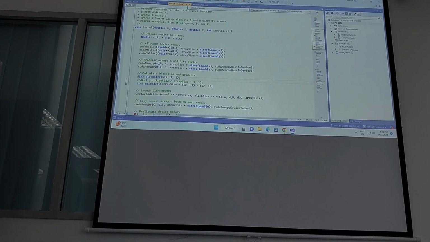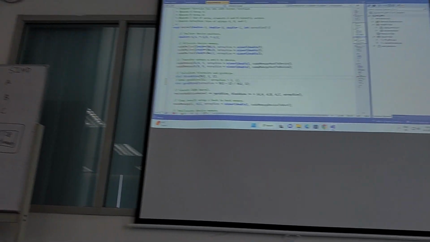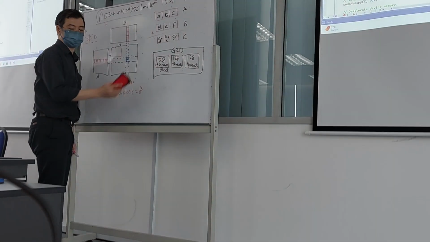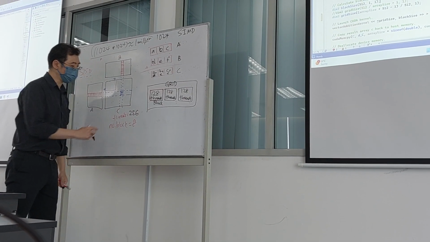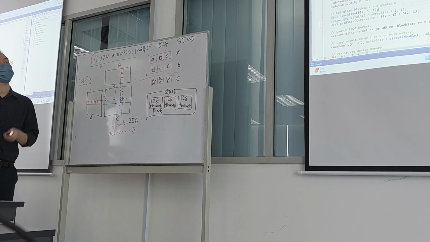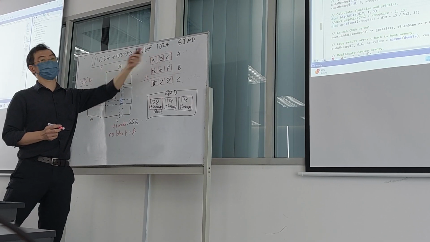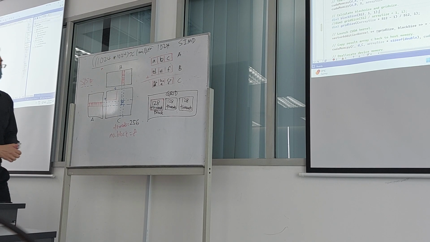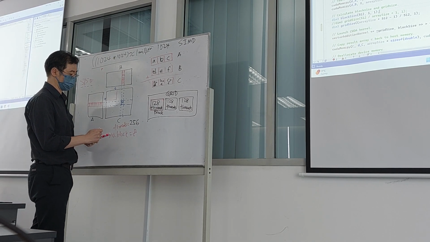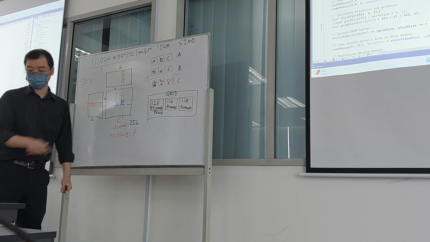Now if I change here, I change the number of threads to twice 6. Now, how many blocks do I need in a grid in order to solve the same problem? How many blocks do I need to solve the same problem?